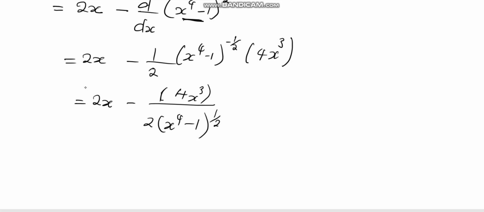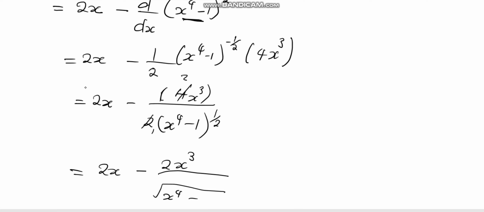So now, 2 there, 2 times. So this will just be equal to 2x minus 2x to the power 3 divided by, so any number raised to the power half is simply the root of that number there. So divided by the root of x to the power 4 minus 1 like this.